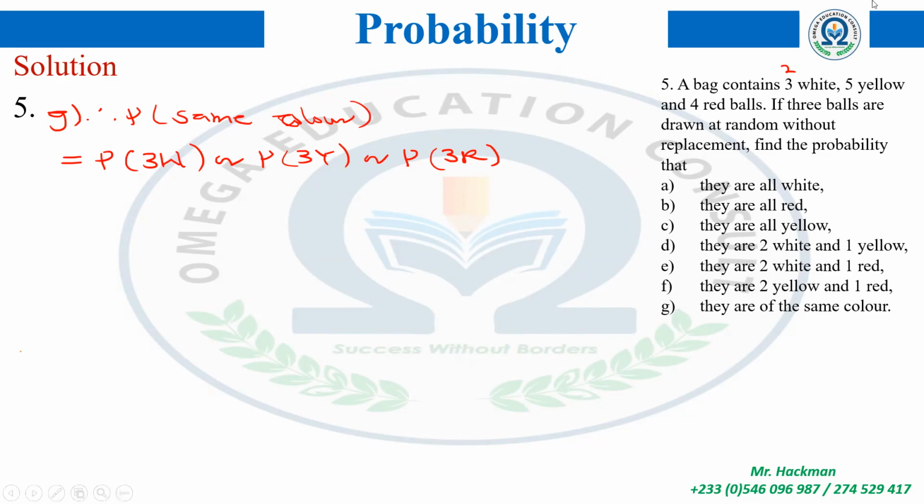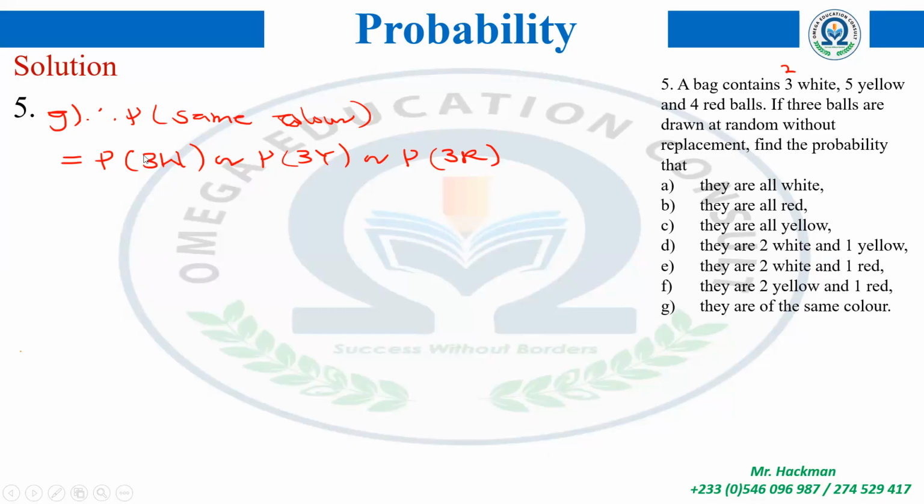Okay, so I said, assuming in this question the number of white is 2, it's not 3, but the rest the same, and you are asked to deal with this: they are of the same color. What will be the number of possibilities? In the original question, you have 3 possibilities.